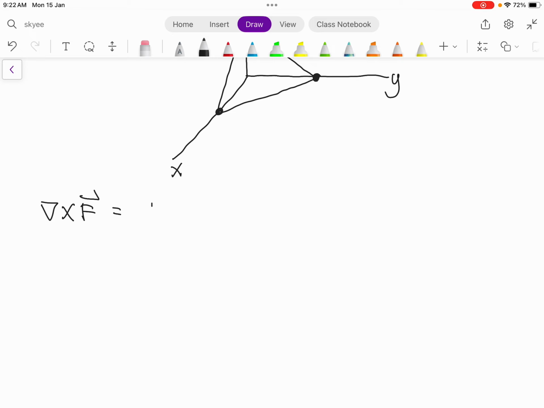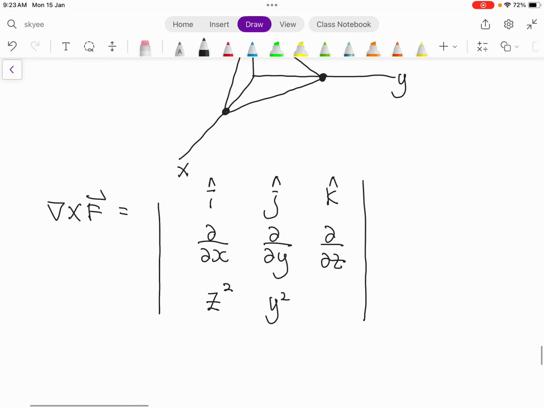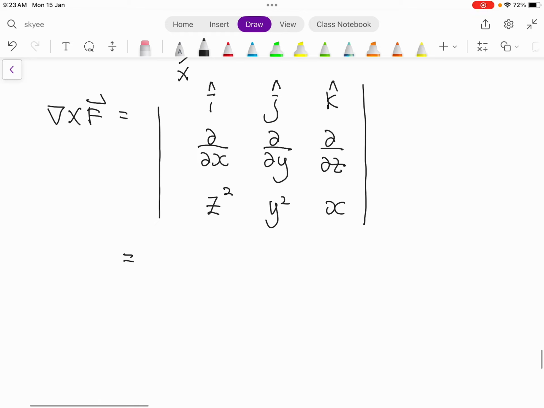Let's put them here: you have i, j, and k, and del stands for this. Your F is z squared, y squared, and also x. So let's do the cross product.